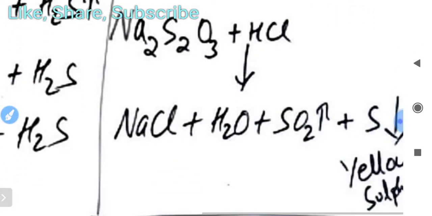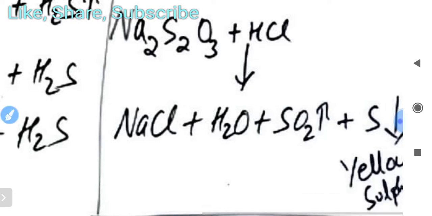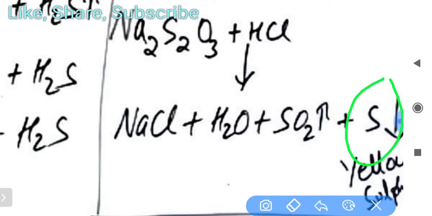When it reacts with HCl, the normal reaction will happen. A salt NaCl is formed, water is formed, sulfur dioxide gas is liberated. You have to keep in mind that sulfur dioxide gas is liberated, and a yellow precipitate of sulfur is formed here. This is the main thing.